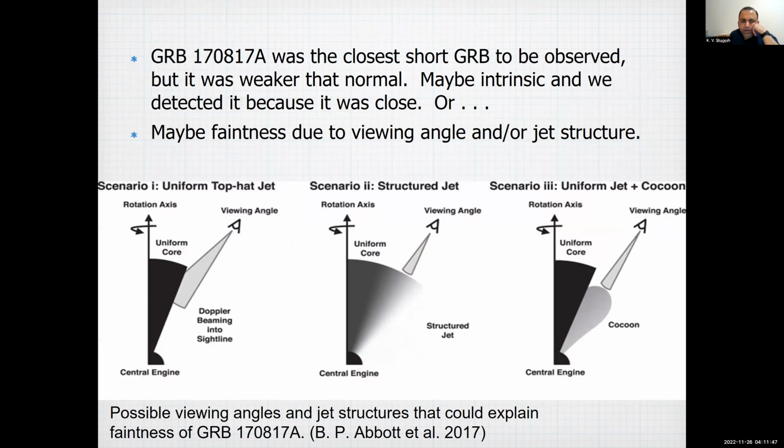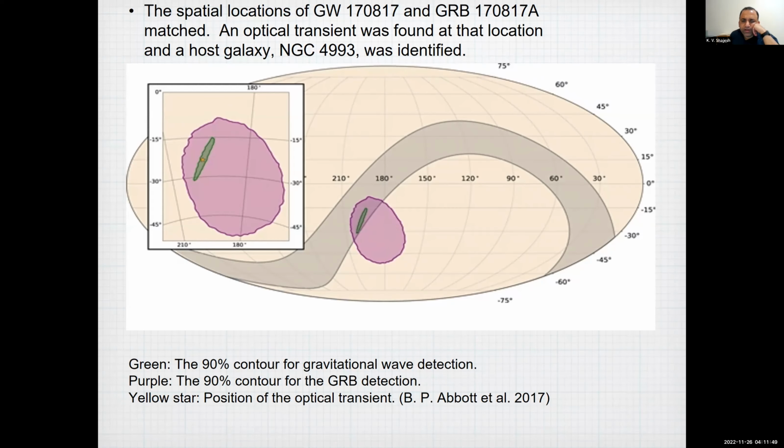So question, when there is so much error in the gamma ray detection, is that because of the device we are using, or is it just that the gamma ray burst seems to be so spread across the sky? It's more, I'd say, to do with probably the gamma rays themselves.